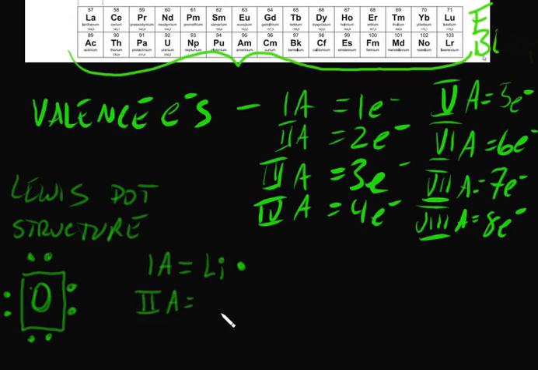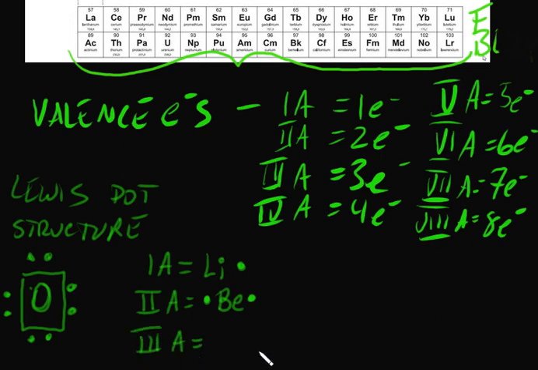Right next to lithium is beryllium. Now beryllium, we need 2 dots, but we can't pair them. Let's not put them all on one side. We can have one on top and one on the bottom, or one on the top and one on the right. It doesn't matter where you put the 2 dots as long as they are not on the same side being paired.